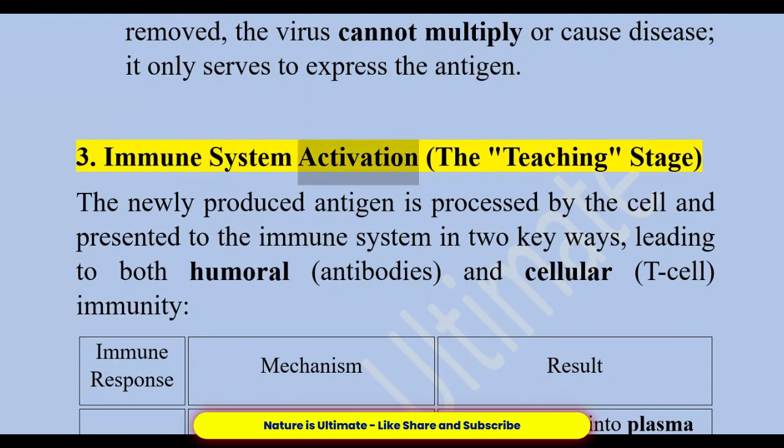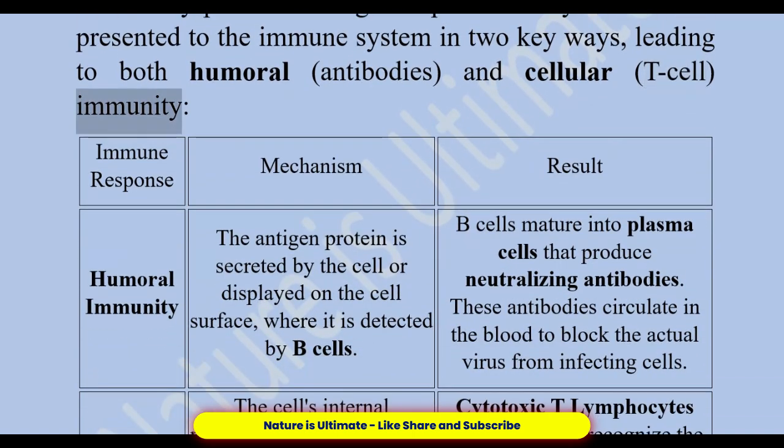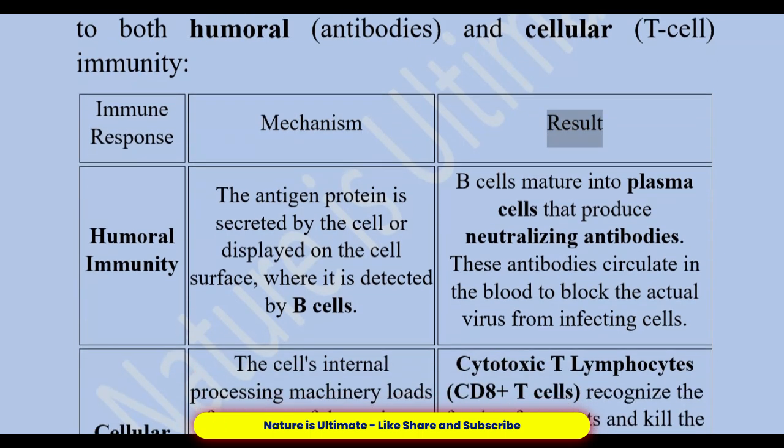3. Immune system activation, the teaching stage. The newly produced antigen is processed by the cell and presented to the immune system in 2 key ways, leading to both humoral (antibodies) and cellular (T-cell) immunity. Immune response. Mechanism. Result.